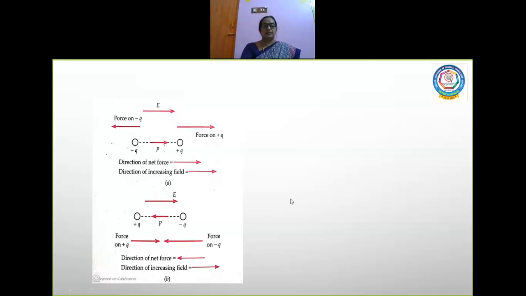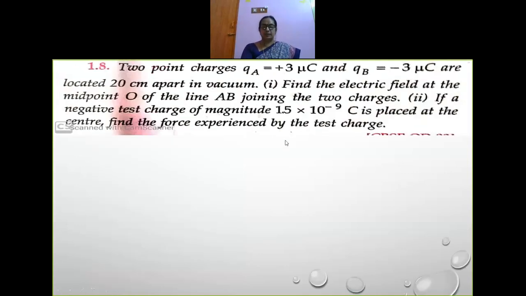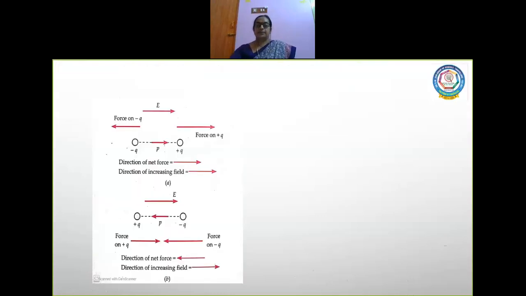But here, where the dipole moment is anti-parallel, see here, the dipole is parallel to the electric field. Here it is anti-parallel to the electric field.